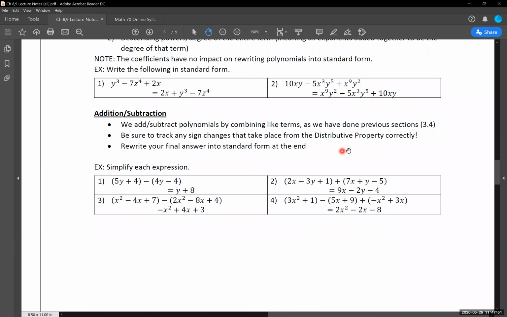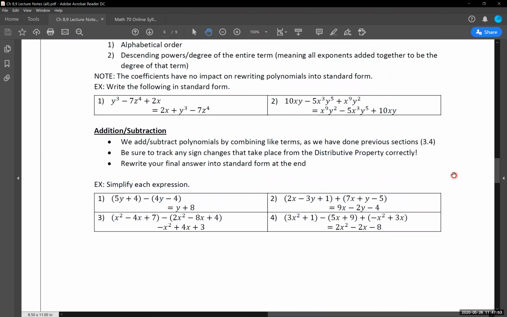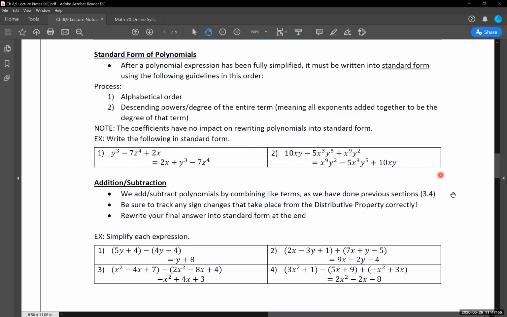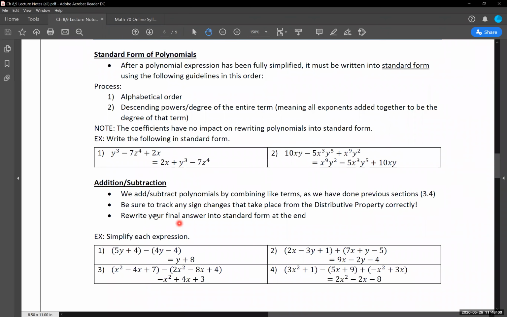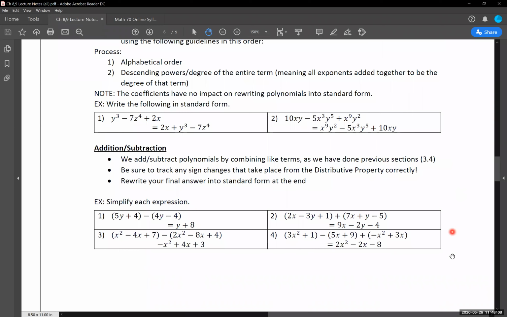So the only major difference that we have now in terms of addition and subtraction with polynomials, when we actually get into this, we just add and subtract them together as if we were combining like terms. And we've done this like we did in 3.4. Nothing is really changing in our process for it.